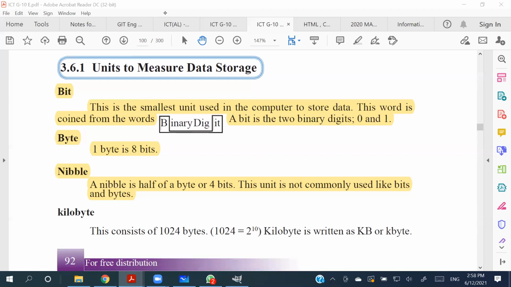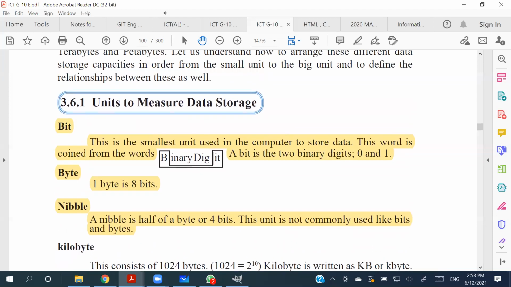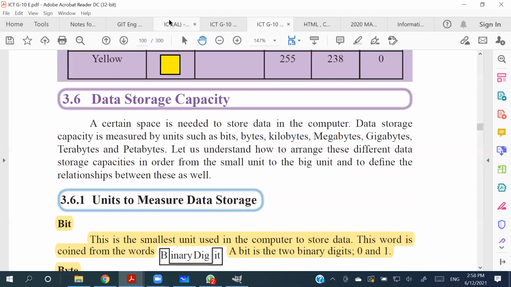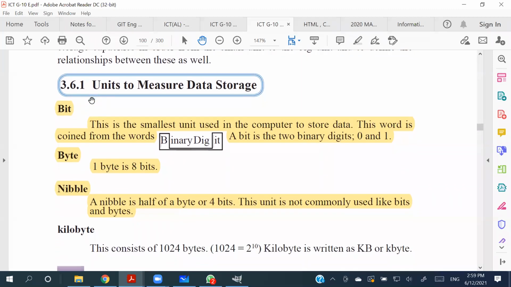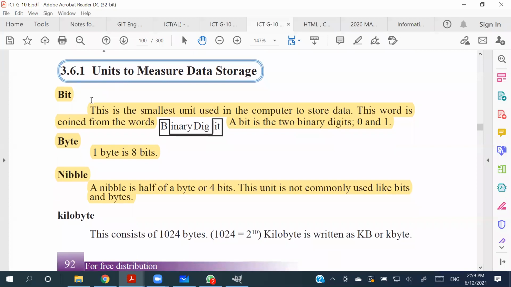Are we done? Udamyaduwa, you only need to write the highlighted part over here. Like we had the heading data storage capacity. Then I asked them to write these three things about bit, byte, and nibble. Right, one is done.